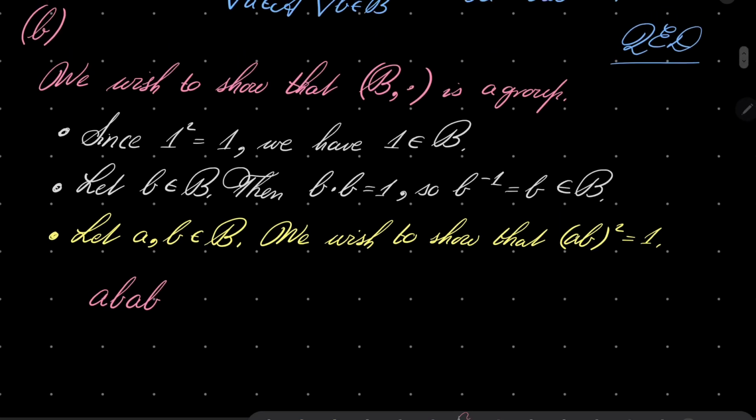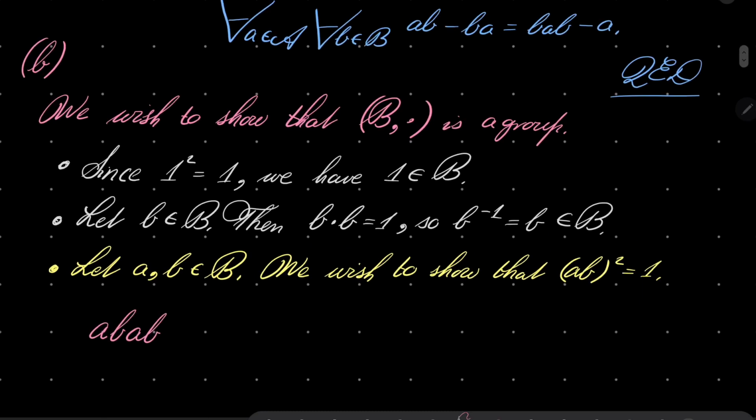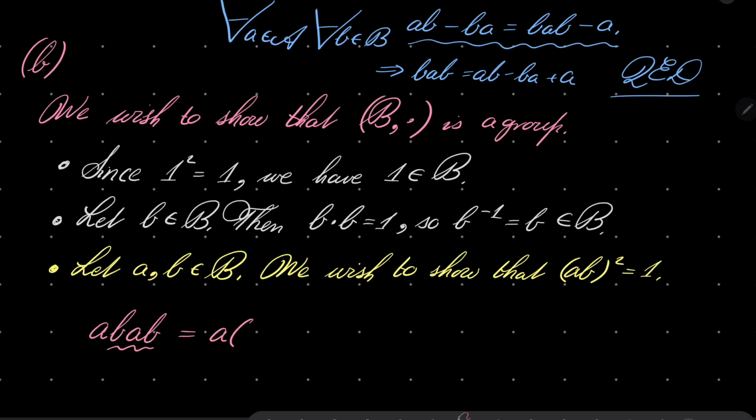Notice that by part A, BAB can be written as AB minus BA plus A. Alright, so let's write it. This part, I will replace it by AB minus BA plus A.